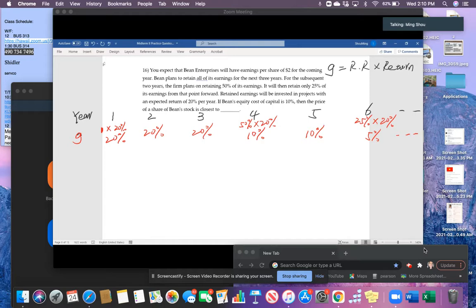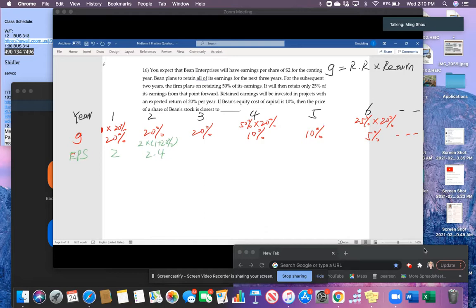If we already know the earnings growth rate, then we can calculate earnings for each time period. Since we already know the earnings in year 1 equal $2, given the growth rate for earnings equal to 20% in year 1, we can figure out the earnings in year 2: $2 multiplied by 1 plus 20%, which equals 2.4.